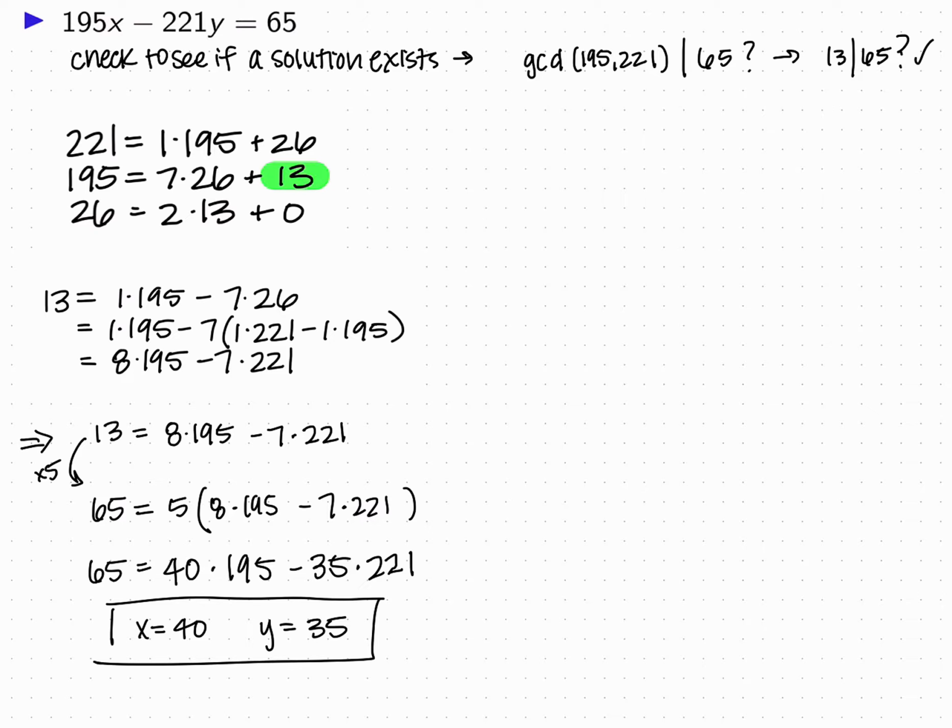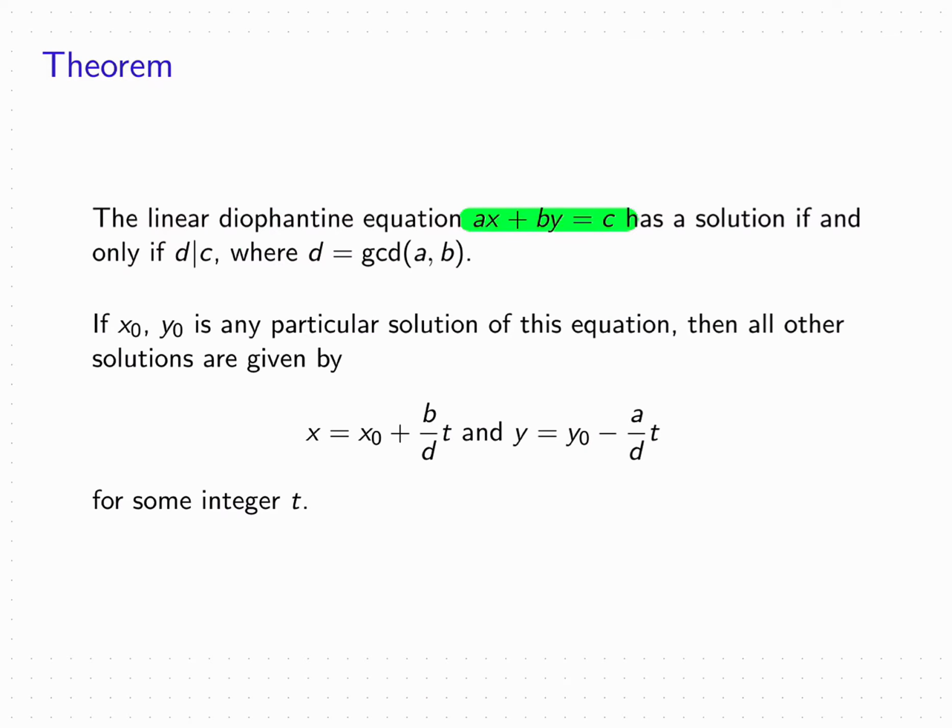All right, so the next thing we want to do is parameterize our solutions using this solution. We will use the equations from before, so let's back up for just a second and remind ourselves what those were. Looking here in the middle, your x is x naught plus b over d times t, and your y is y naught minus a over d times t.